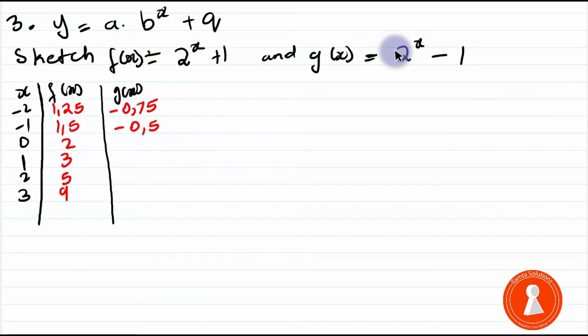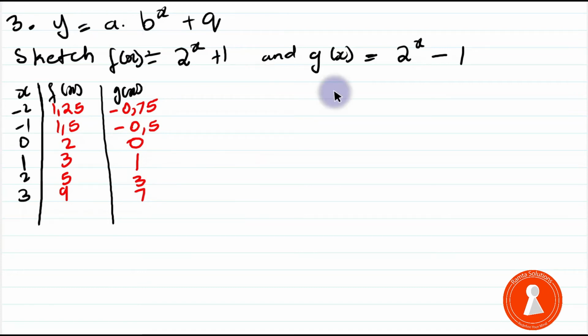Now 2 to the 0 is 1. 1 minus 1 is 0. 2 to the 1 is 2, 2 minus 1 is 1. 2 to the 2 is 4, 4 minus 1 is 3. I see a difference of 2, so I guess this one should be 7.